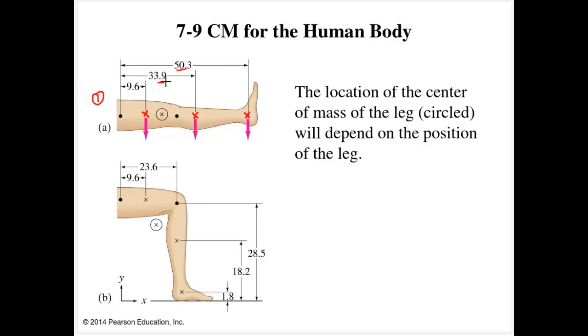All of these guys are acting at different x positions. I can use that equation for x center of mass to calculate what the center of mass should be, and I'm going to come up with a center of mass for the leg to be right here just above the knee, which is perfectly reasonable.